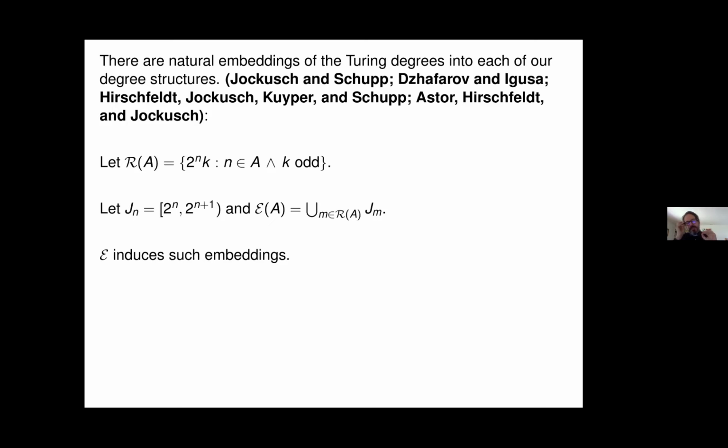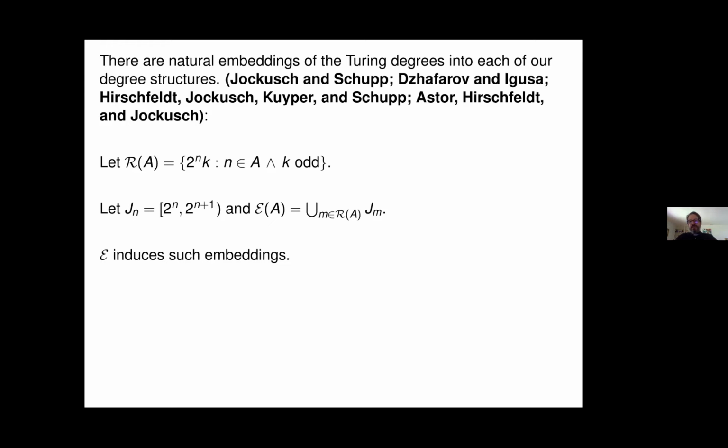Now, because of issues of uniformity, if you're trying to do the uniform versions of these reducibilities, you need to get each bit and repeat it infinitely often first. So that's what this R does. R of A takes the set A and repeats each bit of A infinitely often. And then you take these large intervals between 2^n and 2^(n+1), and you take each m in R(A) and replace its value by the same value in the entire interval.